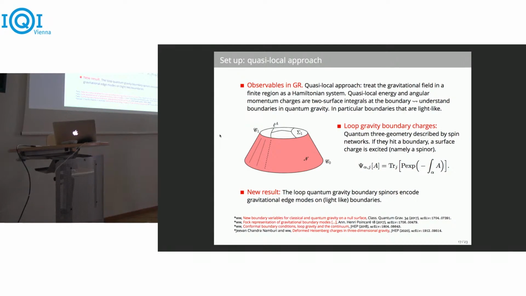And since the underlying gauge group in here is just the Lorentz group, and spinors coupled to the Lorentz group, these boundary charges that are excited are just two-component spinors.